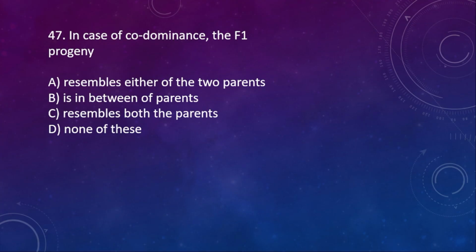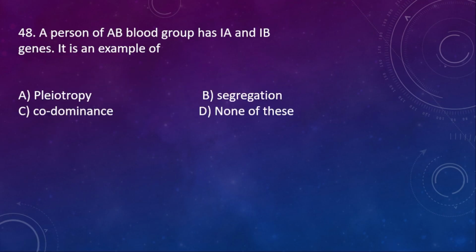In case of codominance, the F1 progeny A. resembles either of the two parents, B. is in between the parents, C. resembles both the parents, D. none of these. Here the right option is option C.